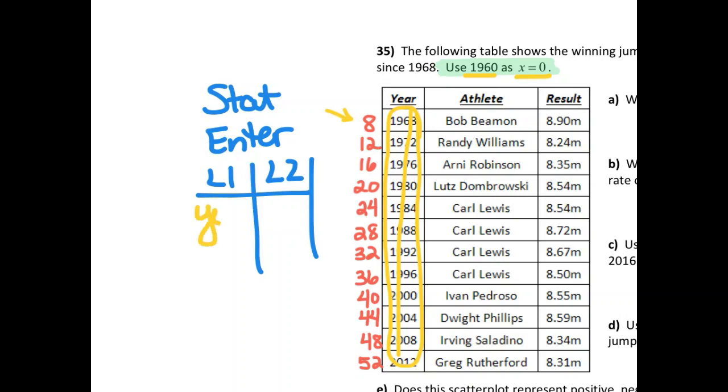So these are the years, and you're going to type in that 8, 12, 16, and so on. And in the second column under L2, you're going to type the numbers under the results. Those are the numbers that are going to be like 8.9 and 8.24 and 8.35 and so on.